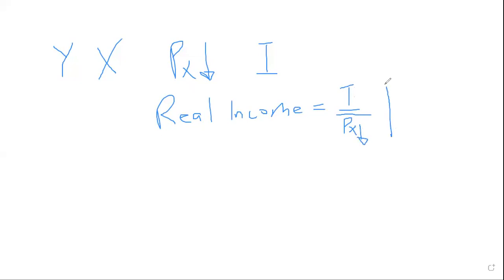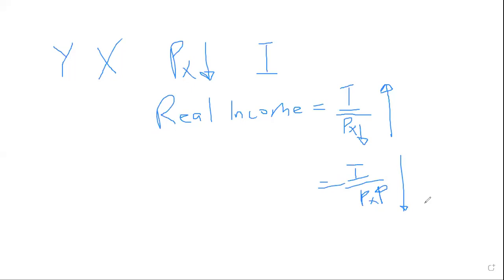So it means your real income will go up. The same way, if the price of X should go up, that way your real income will come down.